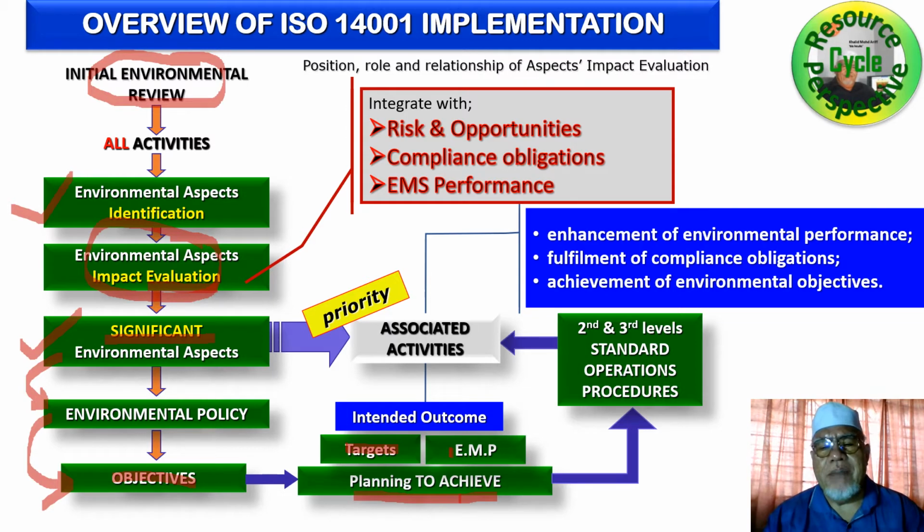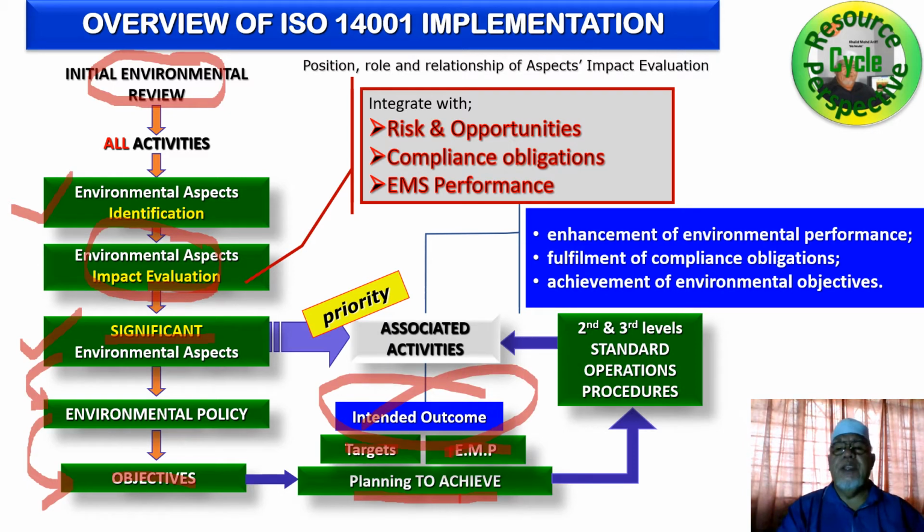Here, environmental management program. So these are all termed as intended outcome in this new version of environmental management system, whereby in this intended outcome, somewhere in the objective, targets, and EMP, it has got to include our intention to have enhancements of what? Environmental performance.